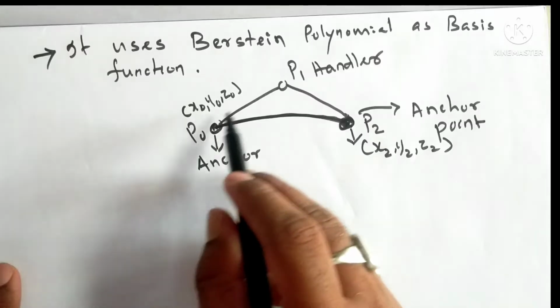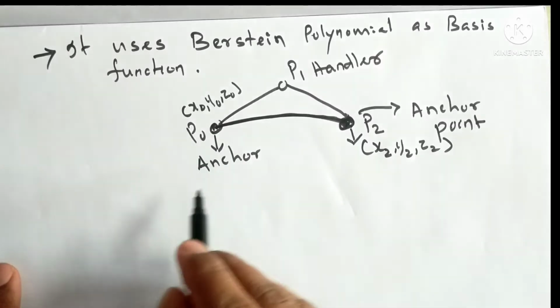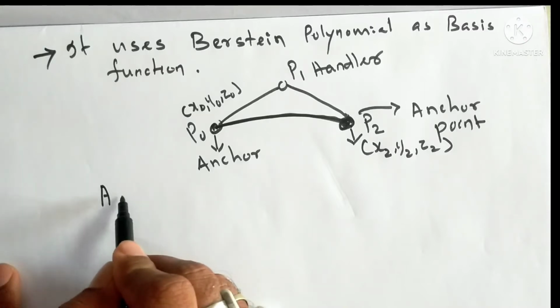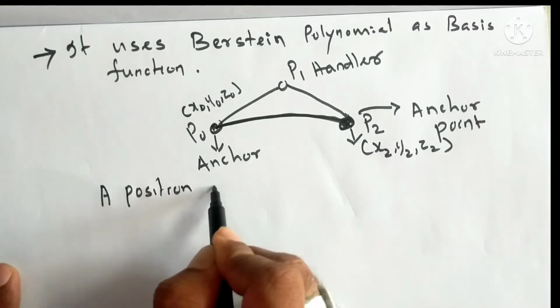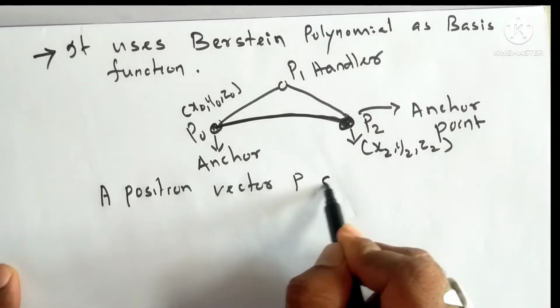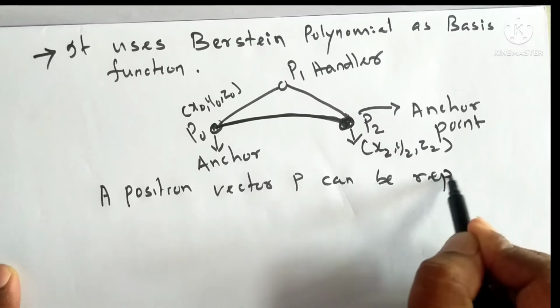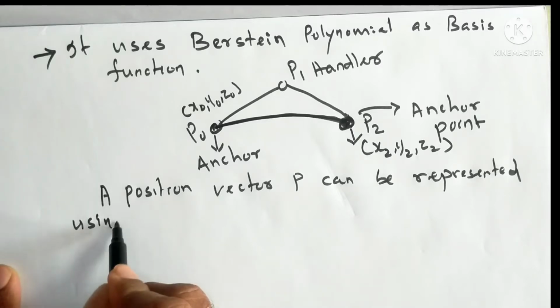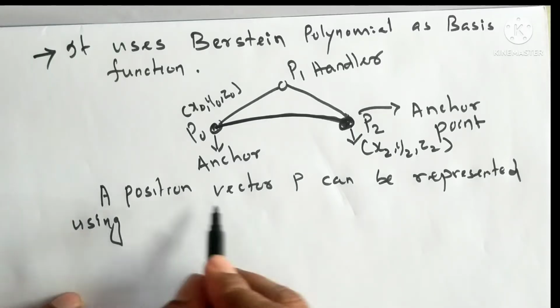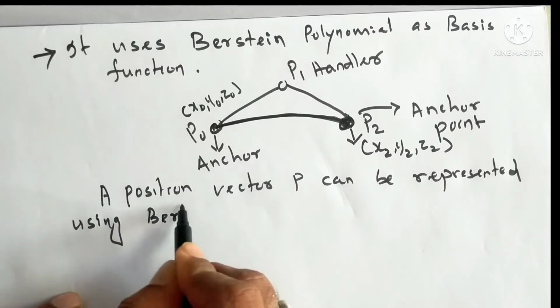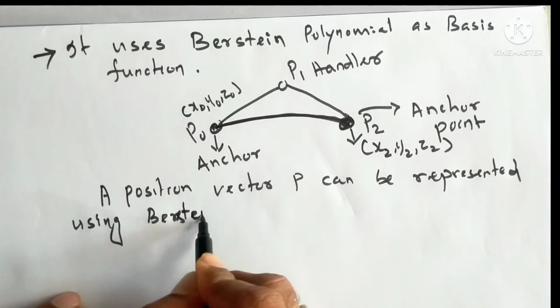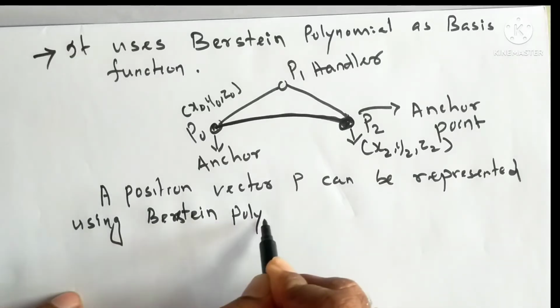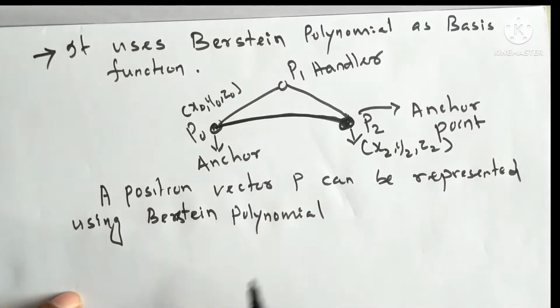Any control point can be represented by a position vector P. A position vector P can be represented using the Bernstein polynomial function as P of u, because it's a parametric representation.